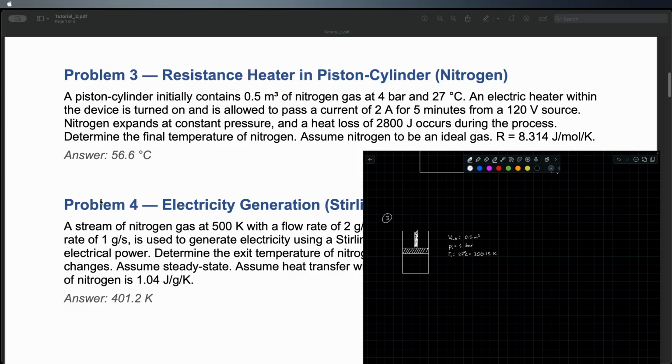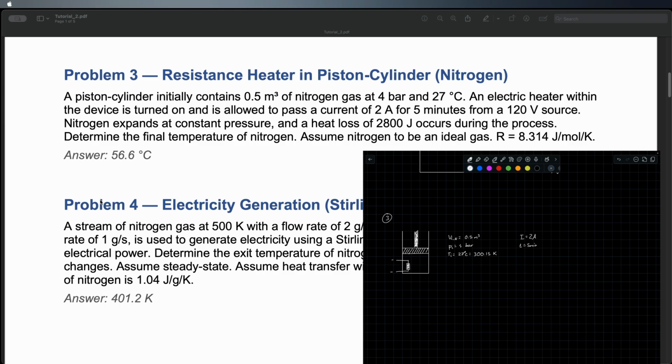What else? An electric heater within the device is turned on. Okay, so we've got an electric heater. I'm going to assume it's just some sort of resistance that dissipates heat into the volume. It has a current of 2 amps. It runs for 5 minutes.